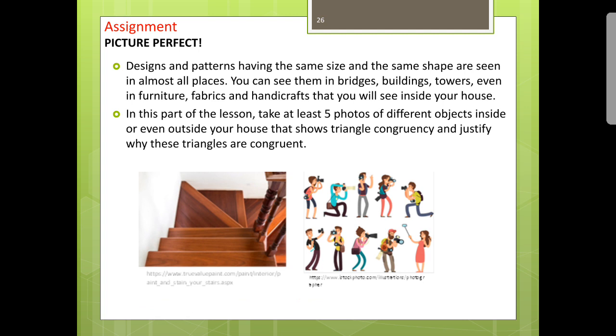In this part of the lesson, take at least 5 photos of different objects inside or even outside your house that shows triangle congruency and justify why these triangles are congruent.